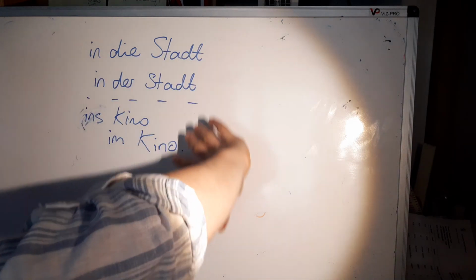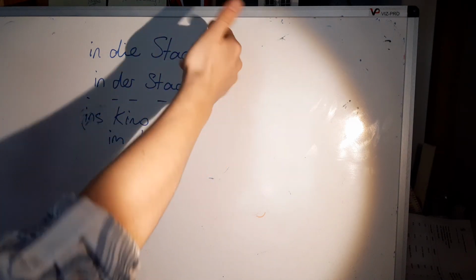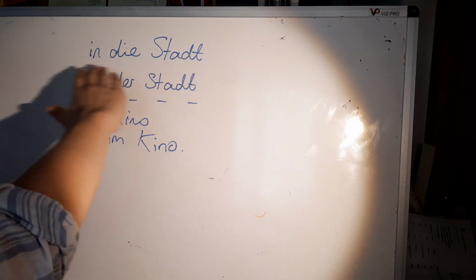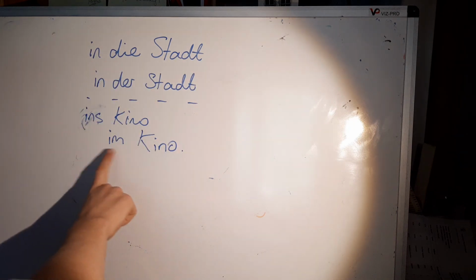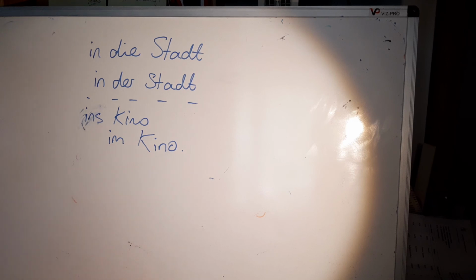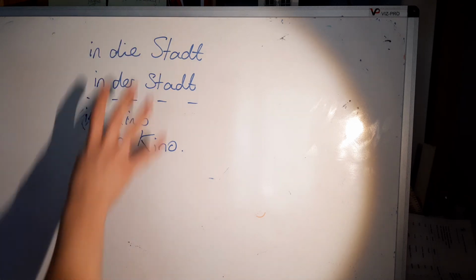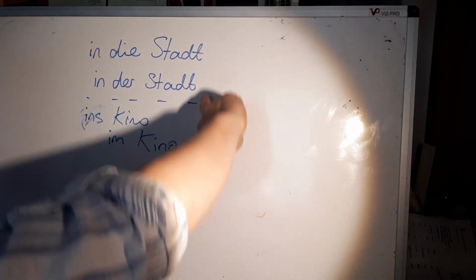Okay, hopefully you understand that. And then as long as you're not moving in that direction or that direction, you can use that. So for example, in der Stadt gibt es, in town there is, im Kino gibt es, or im Kino sah ich, in the cinema I used to see, in der Stadt kann man X besuchen, in the town you can visit X. So movement, movement, not movement.